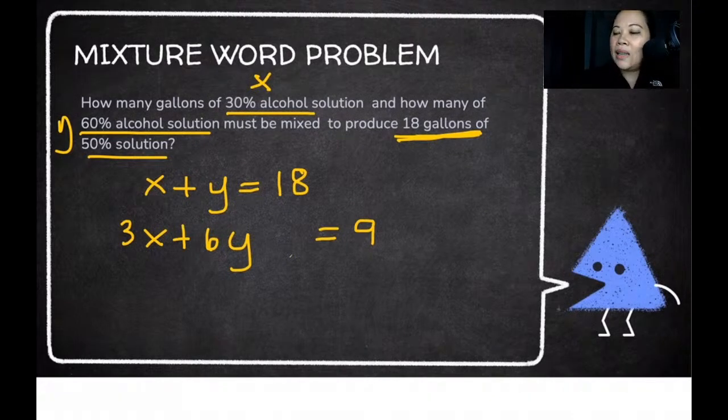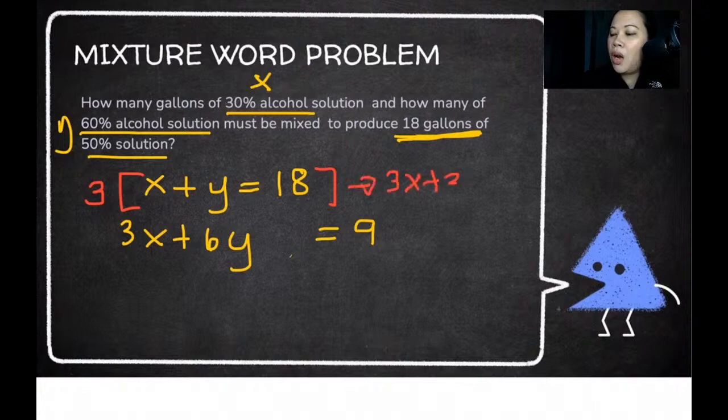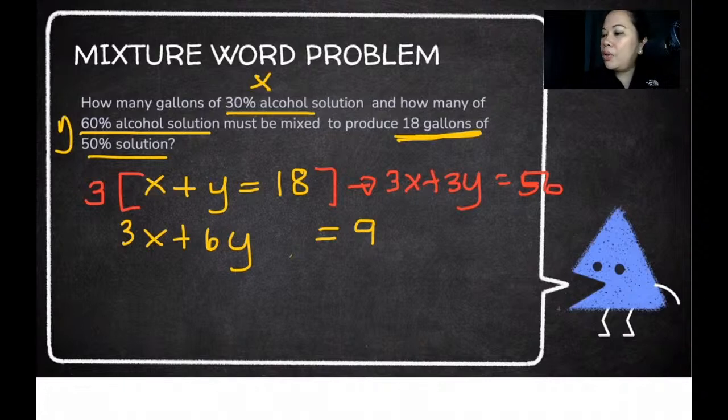So for this case, if you want to eliminate x, all you have to do is multiply it by 3. You will have 3x plus 3y equals 46. Am I correct? No, 56. 3 times 8 is 24, 3, 4, 5, yeah, 56. Okay, and then you continue solving it by eliminating your x.